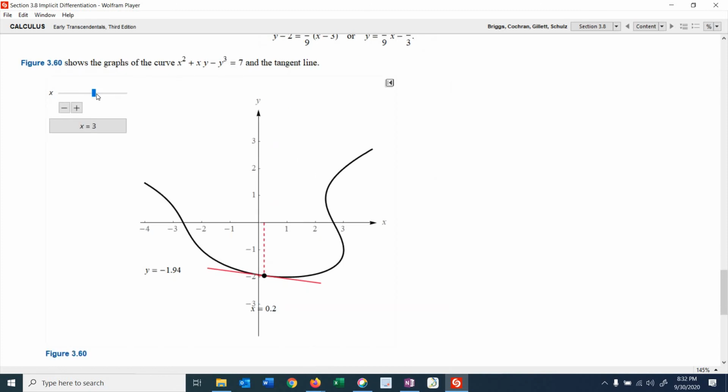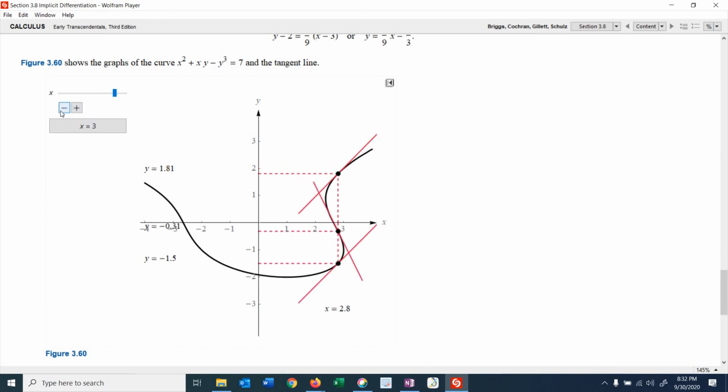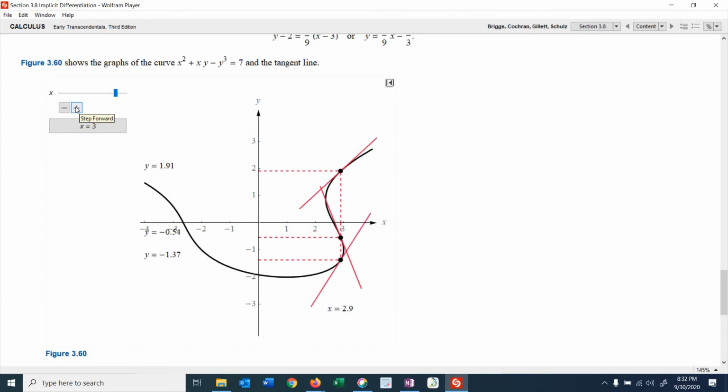Then right at this particular point, 3, 2, the tangent line itself at this point 3, 2 would look like this.